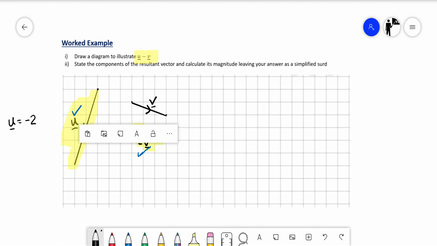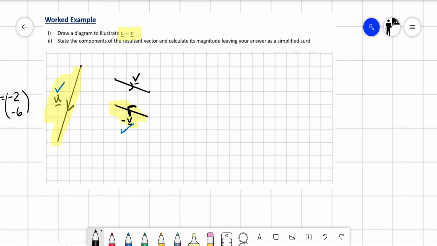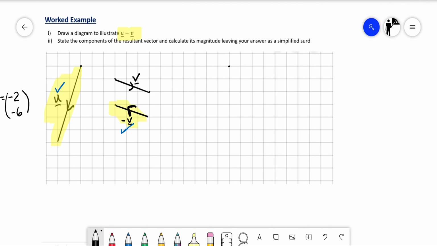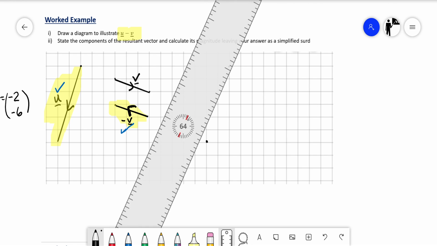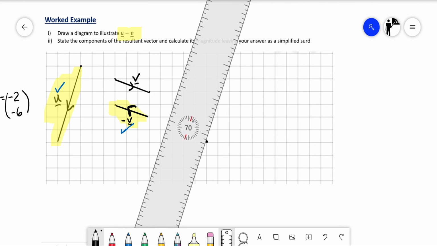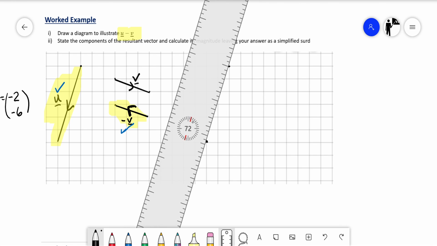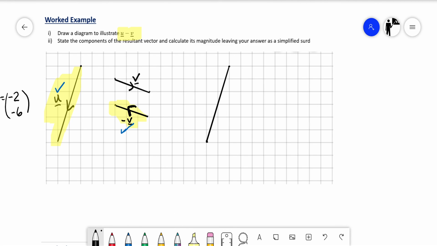So the components of u are minus 2, minus 6. I'm going to draw u first. I'm going to go 2 to the left and 6 down. So here is my vector u.